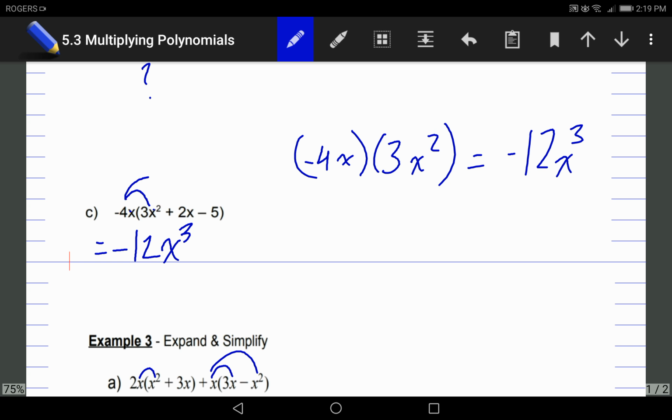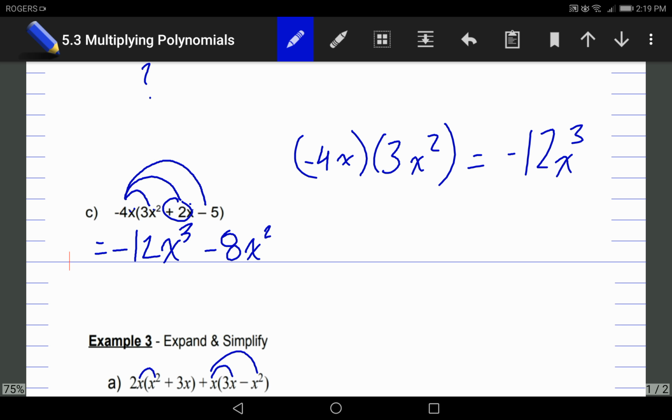Negative 4x times positive 2x. Remember to always say the sign that's in front. Okay, negative 4x times positive 2x is negative 8. And then x times x, right? There's an x here and an x there, is x squared. Then lastly, negative 4x times negative 5.